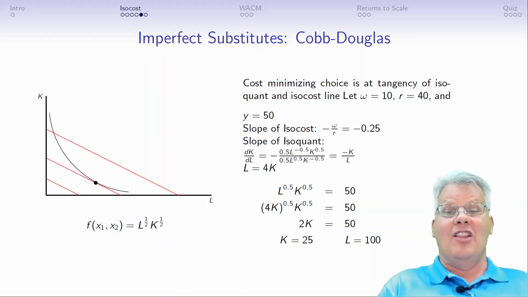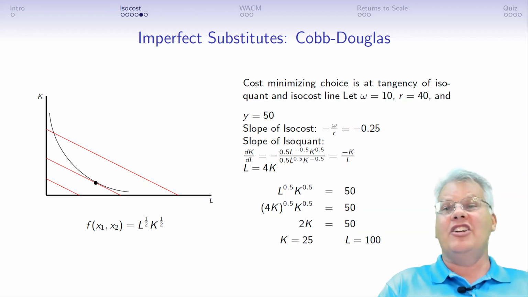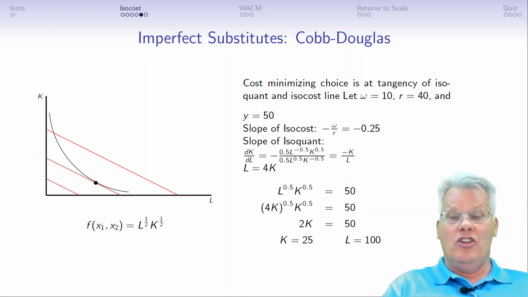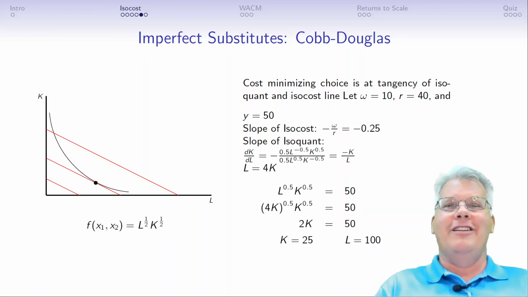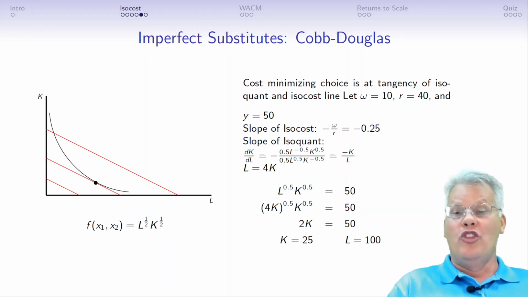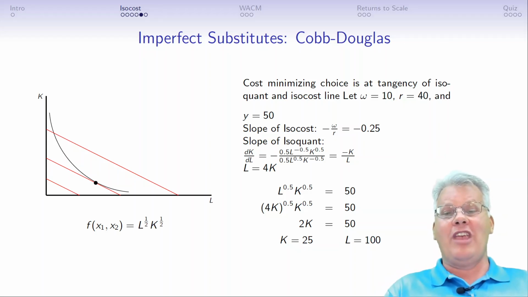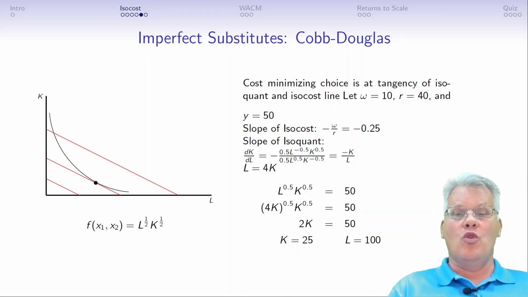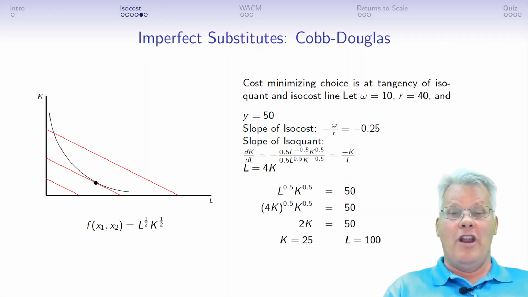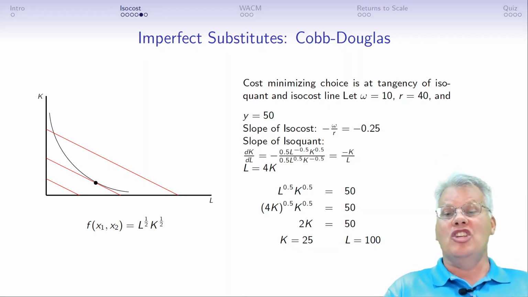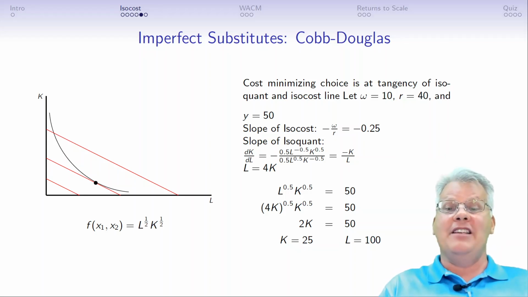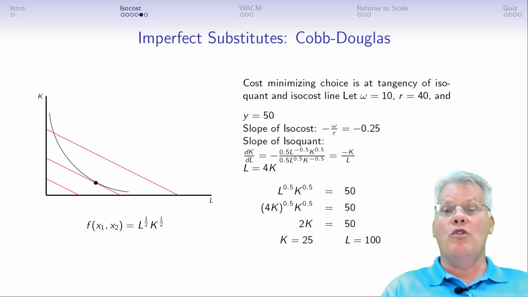The isocost line, the slope is easy to determine. We've done it before. The slope of the isoquant we can derive by using our favorite theorem from chapter 4, the ratio of the marginal products. And you find that in this particular case, the slope of the isoquant is minus k over L. If I set the slopes equal, I get this relationship that if the firm is minimizing costs, L will equal 4k.